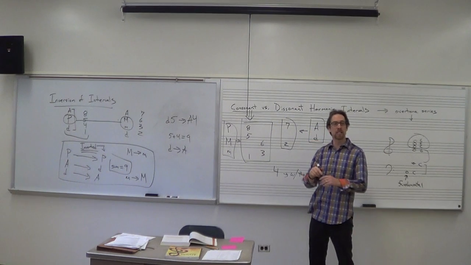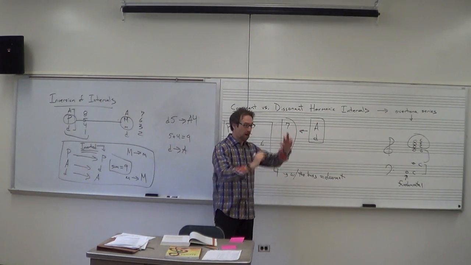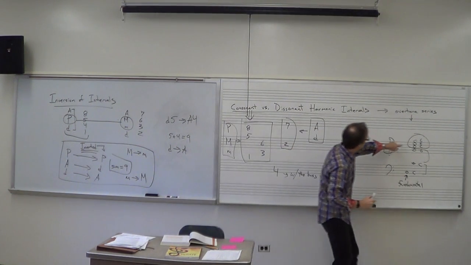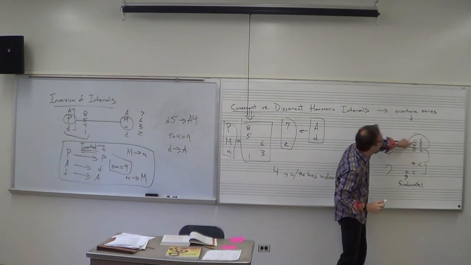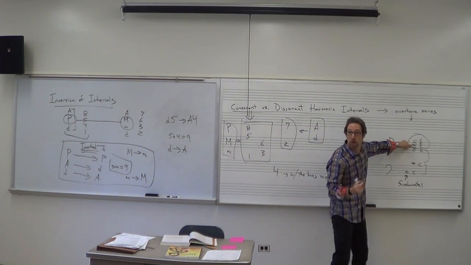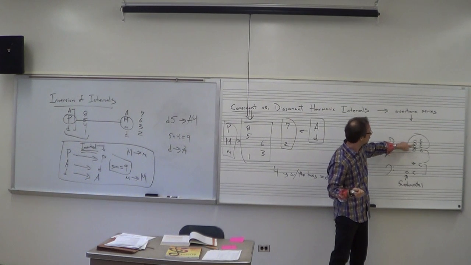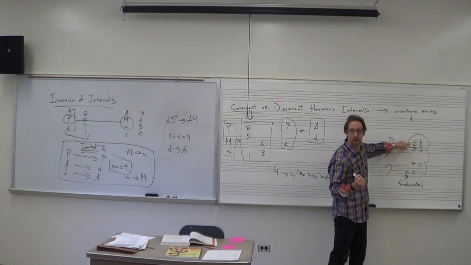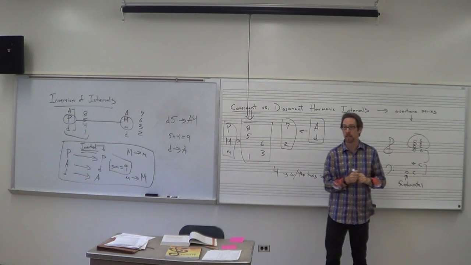A 4-3 suspension, and again, I'm getting ahead of myself, I know that. That 4 against the bass wants to go down to the third. So it would be as if instead of having this G here, I had an F. And what that F really wants to do is go down to the E, which is part of the overtone series. That's essentially what a 4-3 suspension is. Replacing that E overtone with an F. And that will create a dissonance.